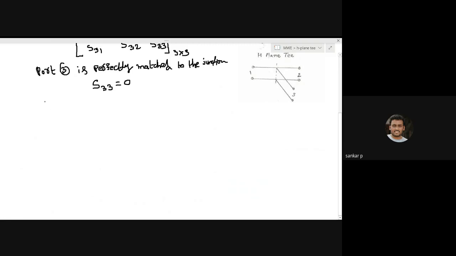And from the symmetry property, what is the symmetry property? Sij equal to Sji.